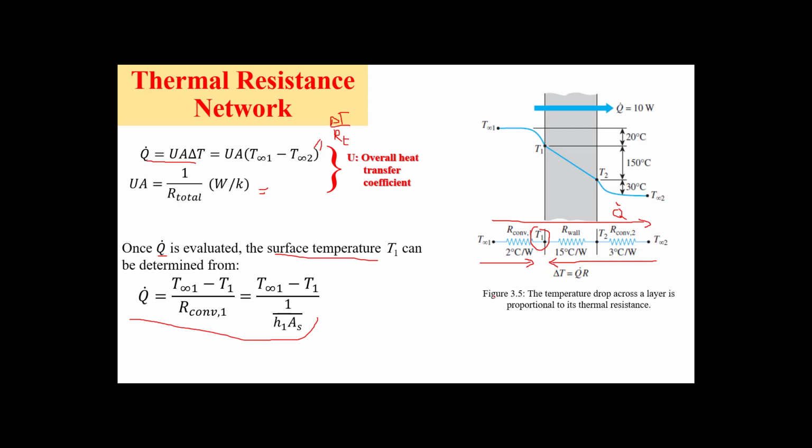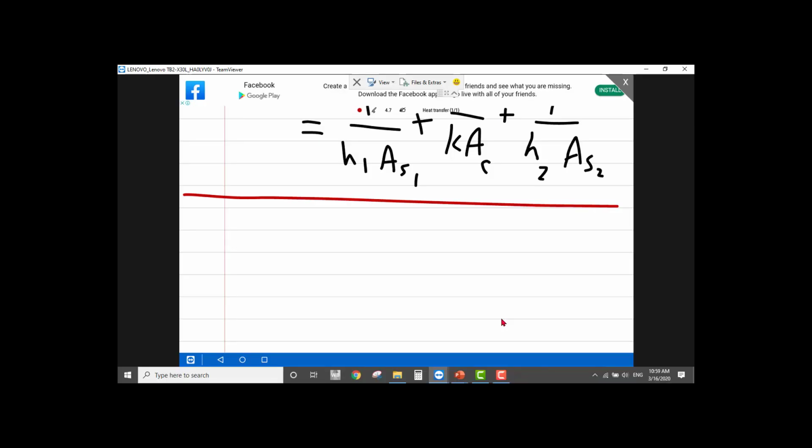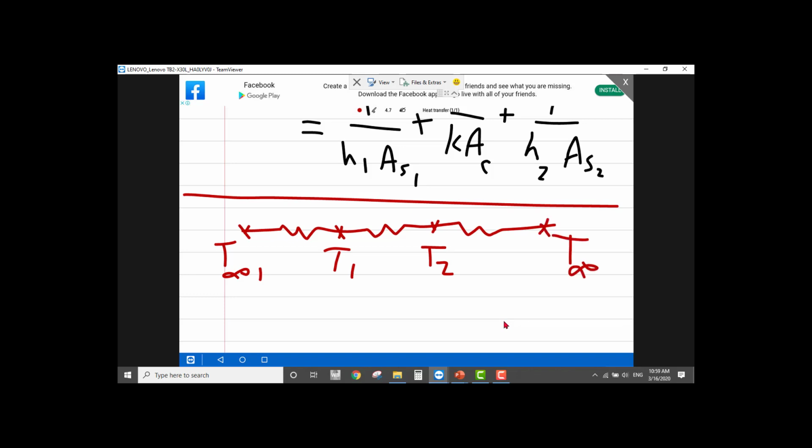Now, if we come to T1 from this direction, let me go to solving. So here is the resistance. Here we have T infinity 1, and here we have T1, and here we have T2, and here we have T infinity 2.